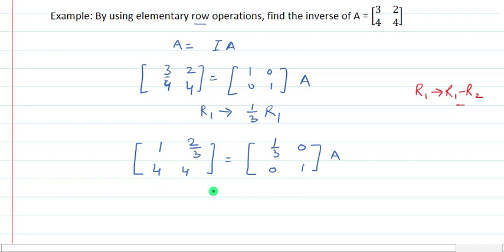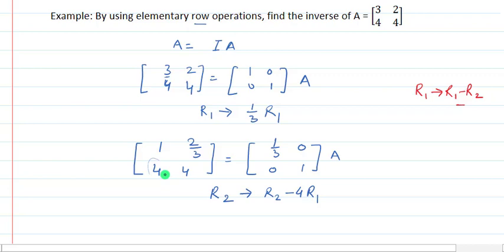It is very easy to make it 0 because we can apply the operation R2 implies R2 minus 4 times R1. We need to focus only on this element and this element, on what operation we should apply so that this becomes 0. We should not worry about all other elements.